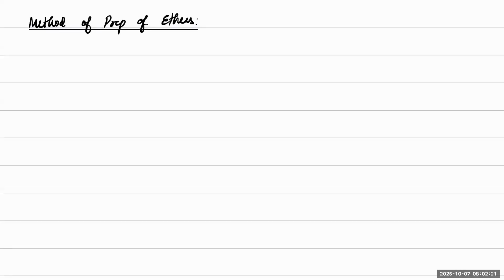So first, if you have an alcohol, that too like an ethyl alcohol, you treat that with concentrated H2SO4, but maintain that around 140 degrees Celsius, which is around 413 kelvins. In that case, the major product you will get is ethers.